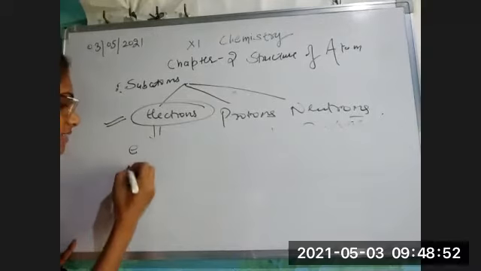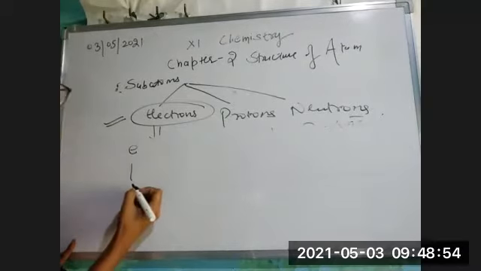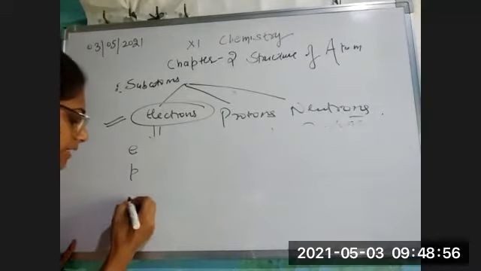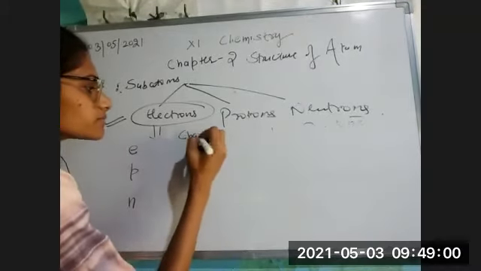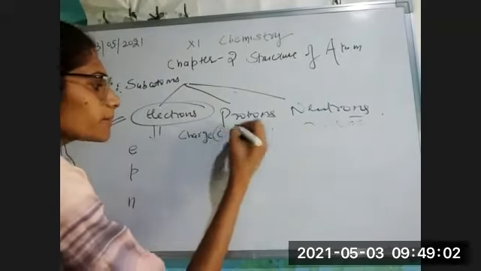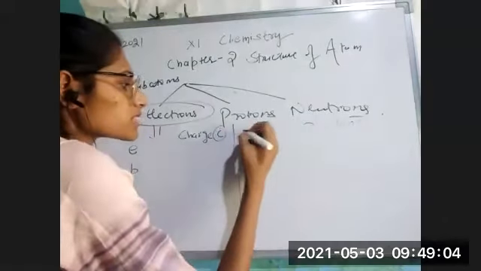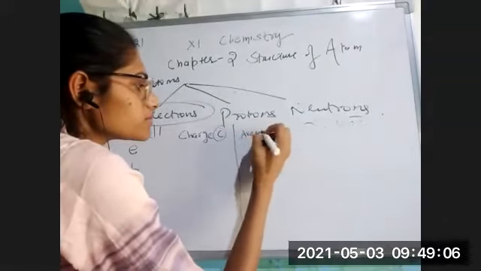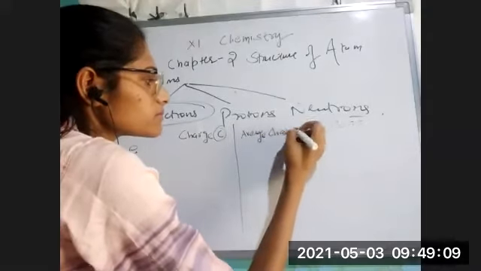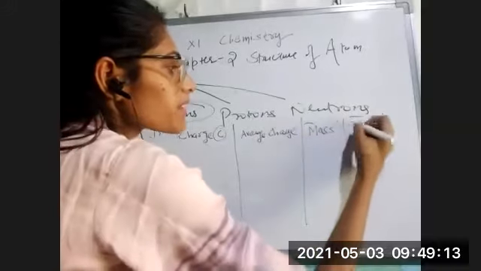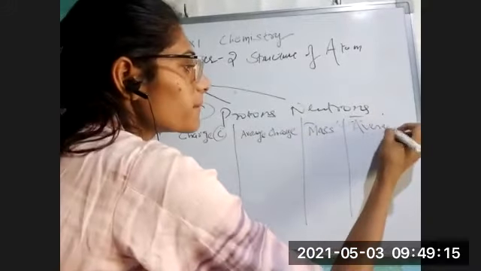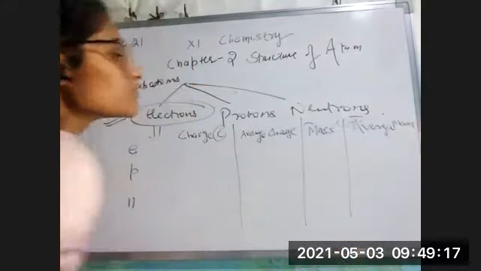In it, the electron is shown with the abbreviation e, proton p, neutron n, and then the charge in Coulomb, the average charge, mass, and average mass. These terms you must remember.